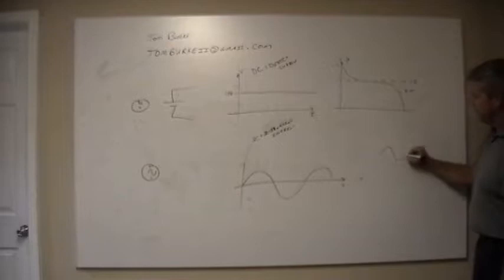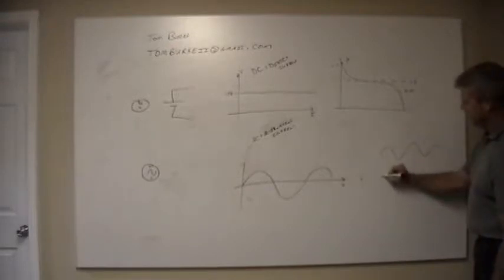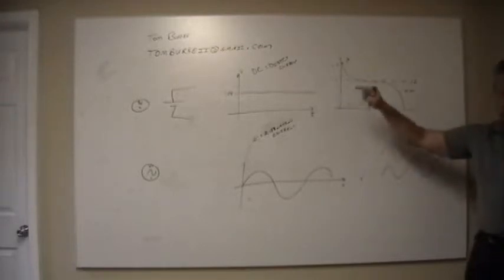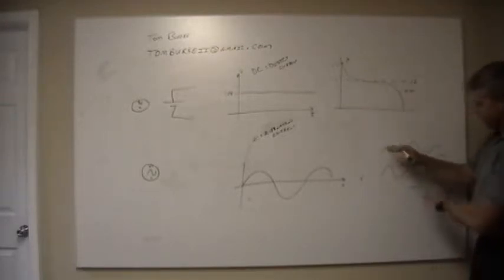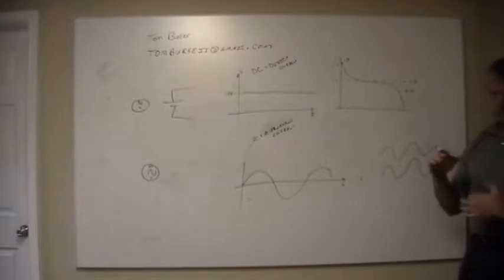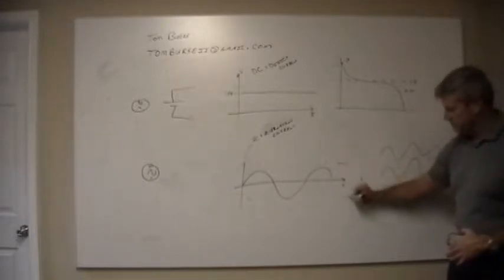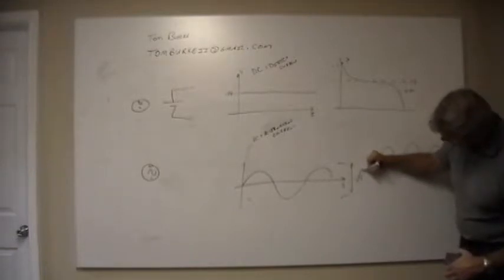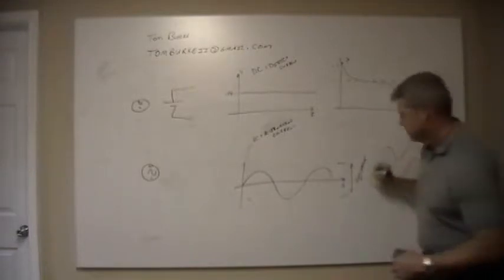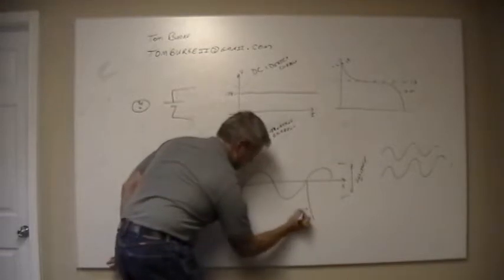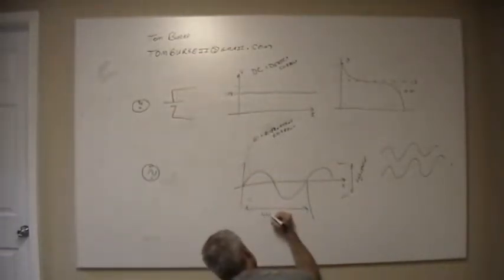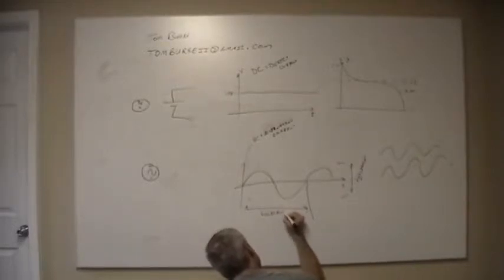If I have a sine wave and another sine wave that's perfectly the same, you get this whole voltage adding thing. So if they are the same amplitude, this is amplitude, and this, think about waves on the ocean, is your wavelength, which is signified by the Greek letter lambda.